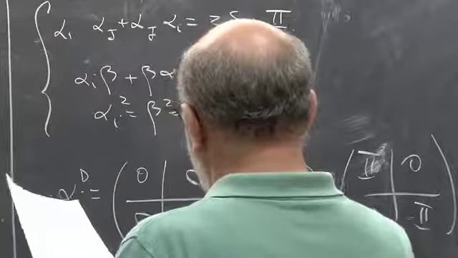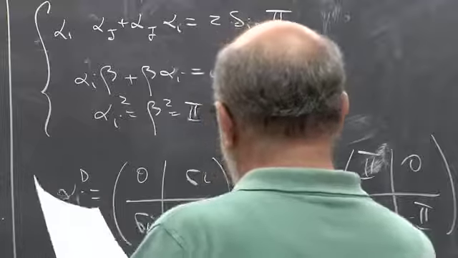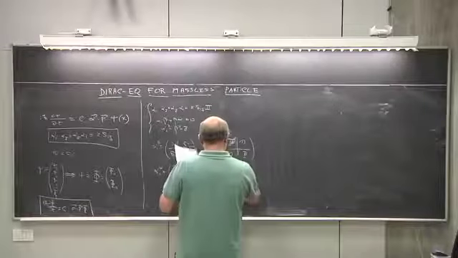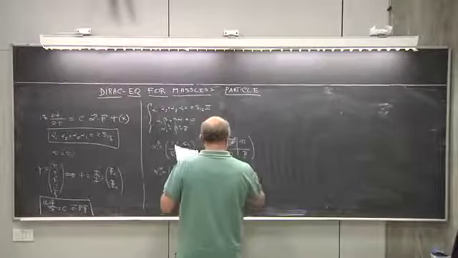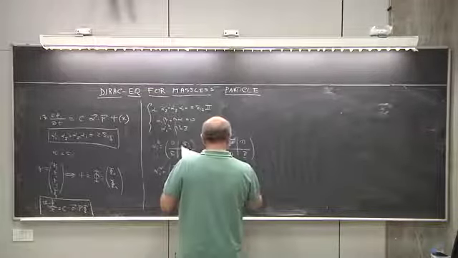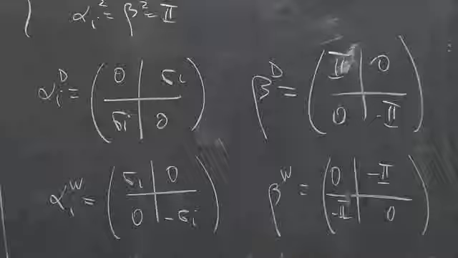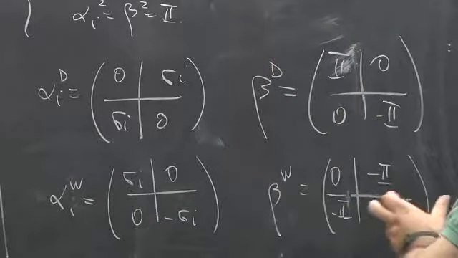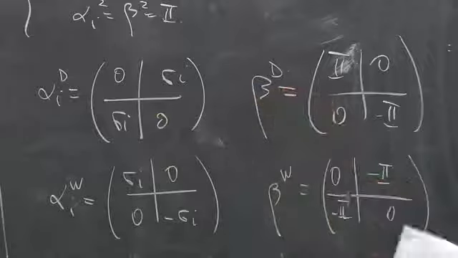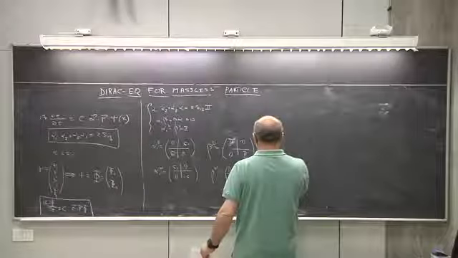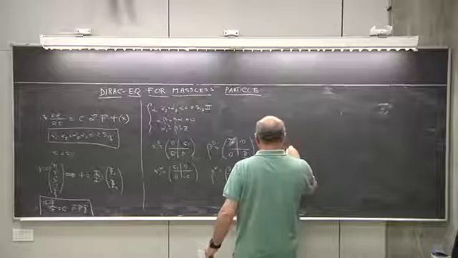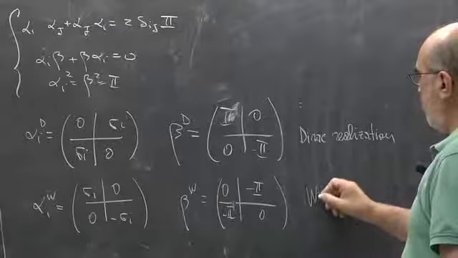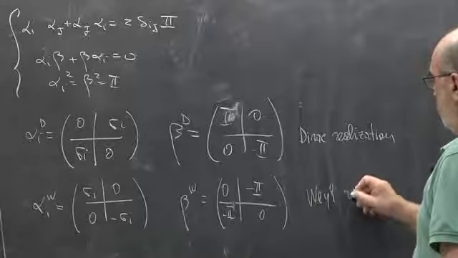It is the following: alpha i equals sigma i, 0, 0, minus sigma i, and the beta of Weyl equals 0, identity, identity, 0. Okay? If you take this, it satisfies all that. So this is the Dirac realization of that algebra, and this is the Weyl realization.